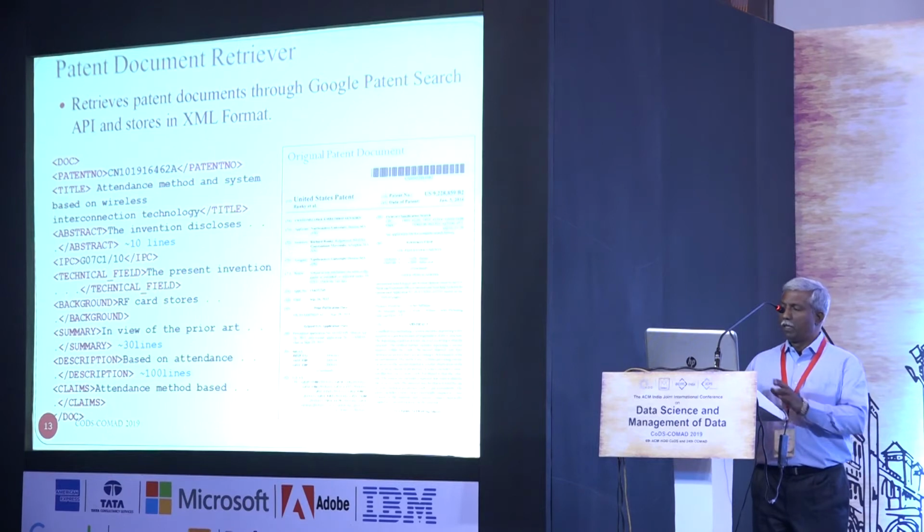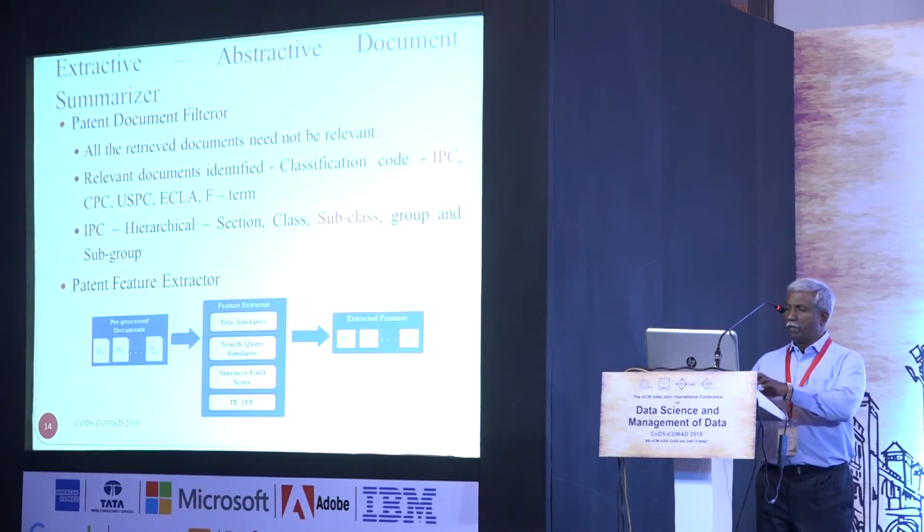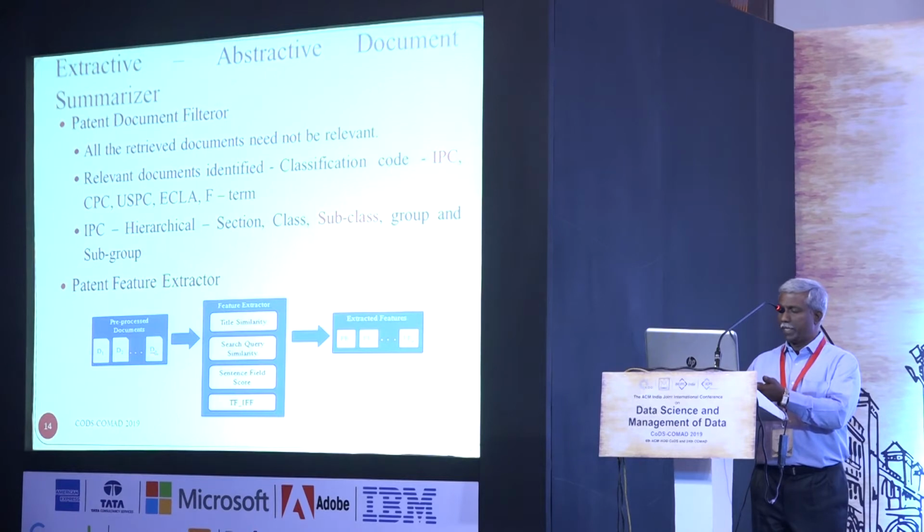To do the actual multi-document retrieval, we take the original patent documents and convert them into the relevant parts, like the title, abstract, technical field and background. We put it in an XML format so that it becomes more meaningful for summarization. For the summarization part, we take the features from the patent documents that we have already identified.